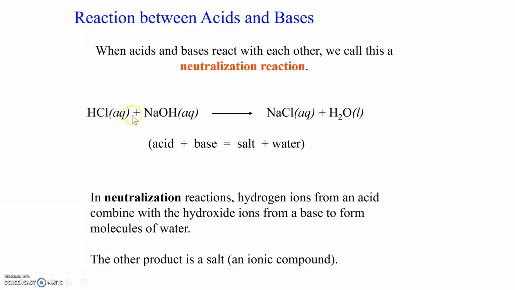So if you remember, the acid produces H+ in water, the sodium hydroxide produces OH-. Those combine to form water. So if you mix an acid and base together, you end up with water and a salt. So this is a neutral compound, meaning you don't have excess acid or base.